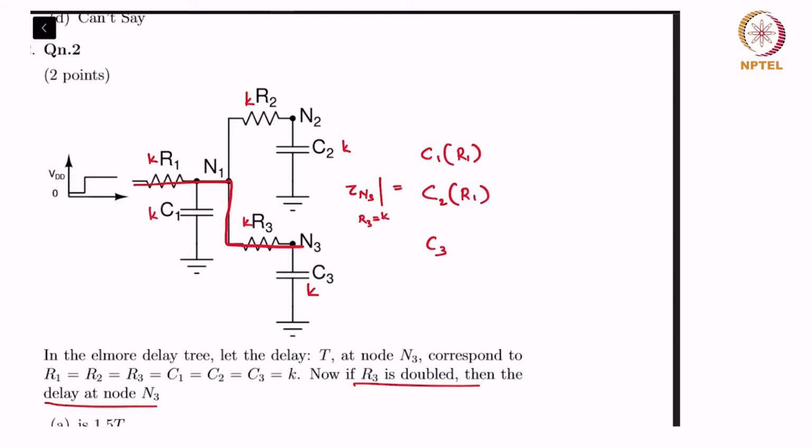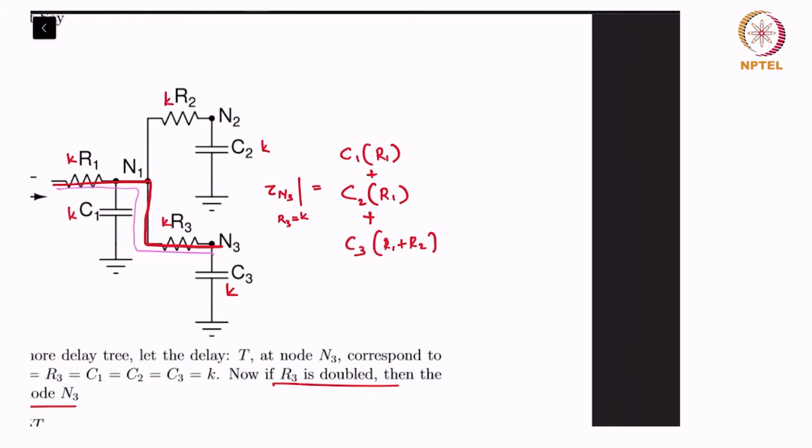And finally, for C3, the path to N3 and the path to C3 would be R1 plus R3. So all these added together will give you the value of the time constant for when R3 is equal to k. So this will be k squared, 2k squared, so this will be equal to 4k squared.